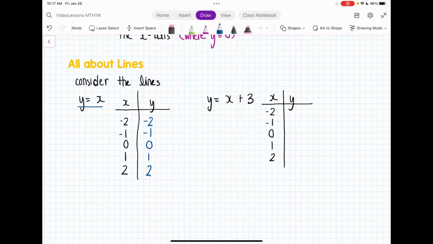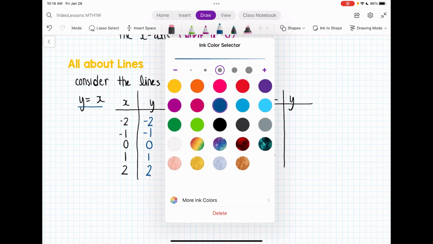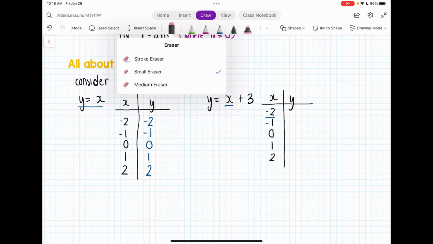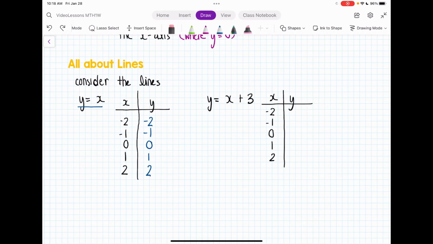So just use your calculator. In your calculator, you're going to say -2 plus 3, because remember, you're substituting the value of x into the definition of y. So you're just going to go -2 plus 3, and that's going to give you 1, then -1 plus 3, etc., etc. And that's what you're going to have.